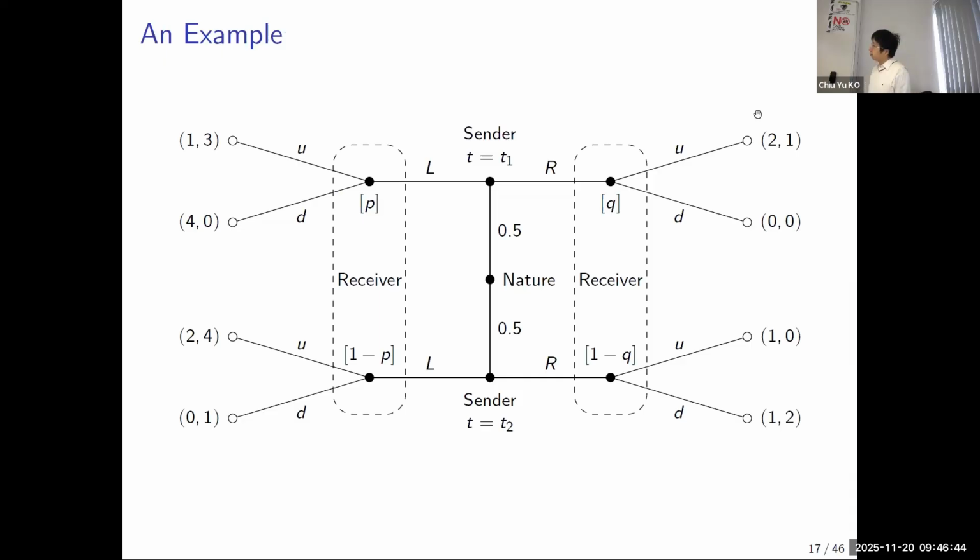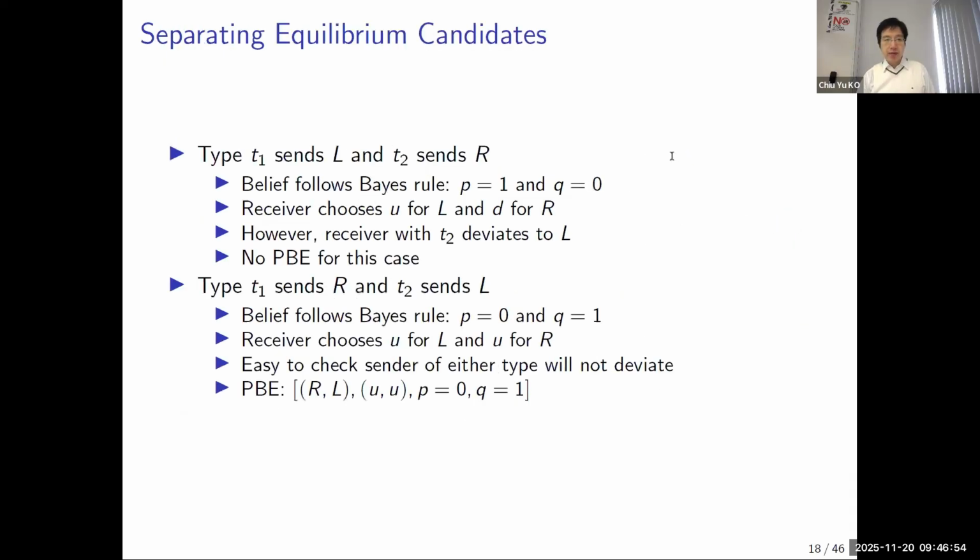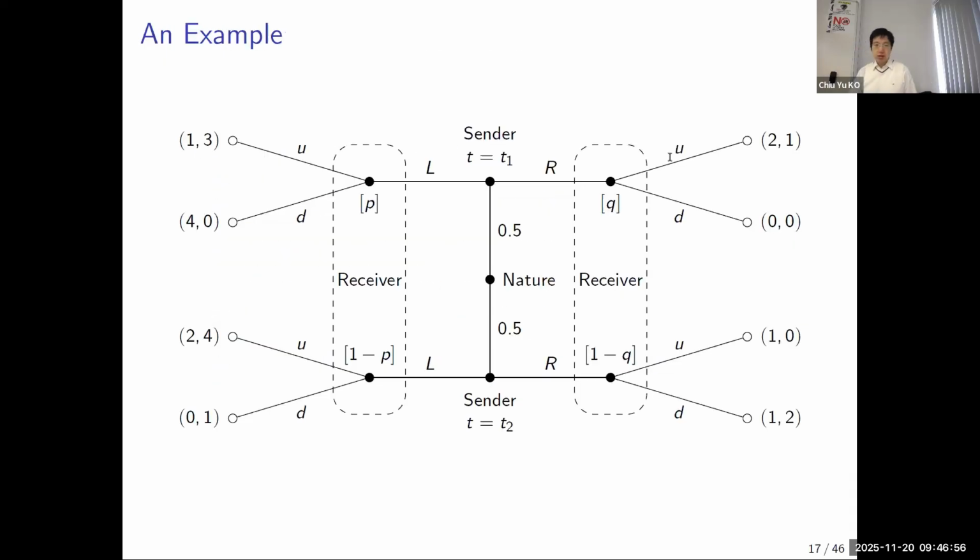I want to go through that again because it's good to see how we derive that. Okay. So let's focus on the case where we are talking about pooling equilibrium or separating equilibrium. So let's see again how we derive this. Probably you know very well, but I want to do it again to make sure everyone's on the same page. So let's check all possible strategies by the sender. That is easiest, okay?